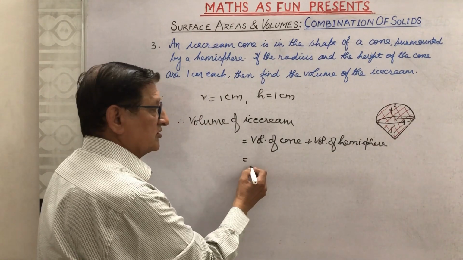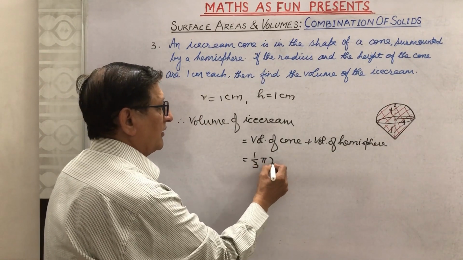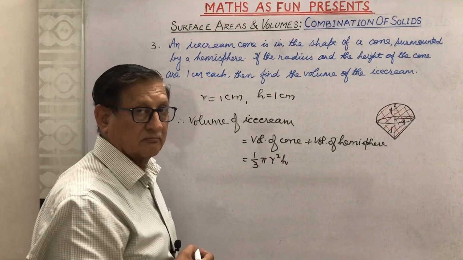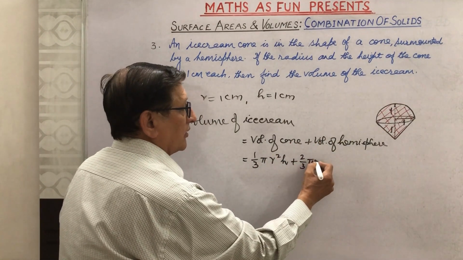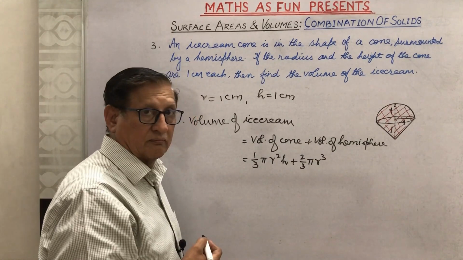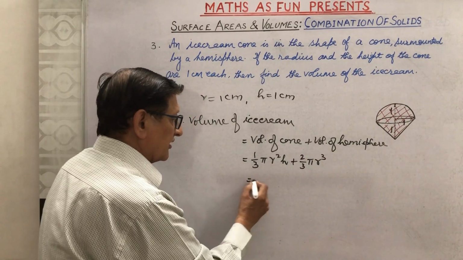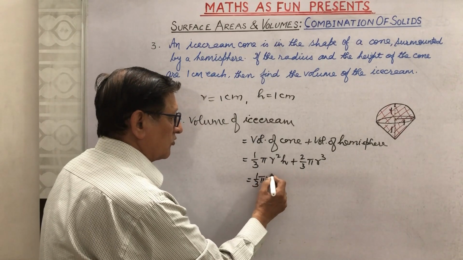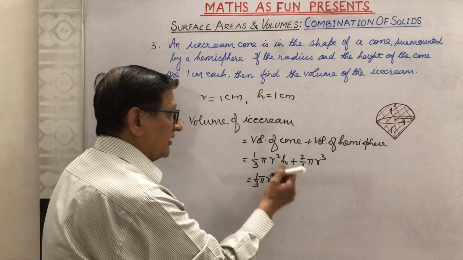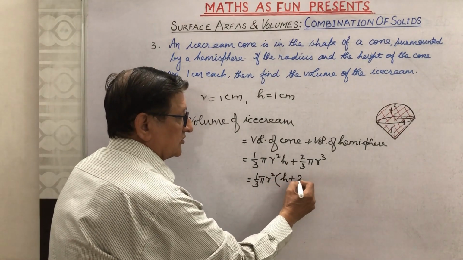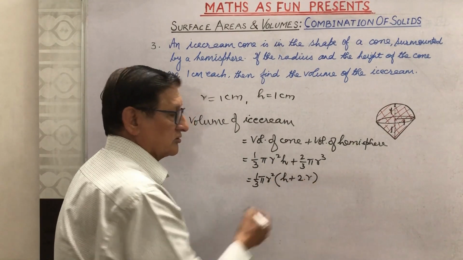Volume of cone we know is 1 by 3 pi r square h. Volume of hemisphere we know is 2 by 3 pi r cube. Are we getting 1 by 3 pi r square common in this? If we take that common, it will be here h plus 2 into r, or not.